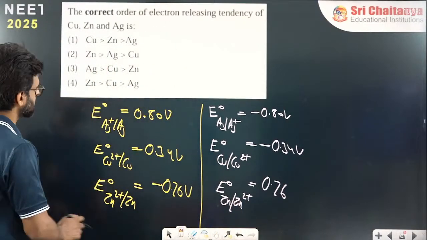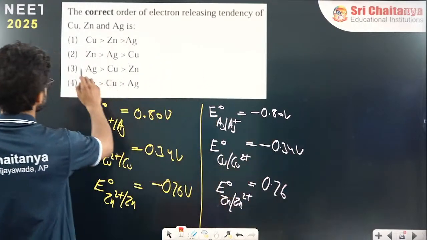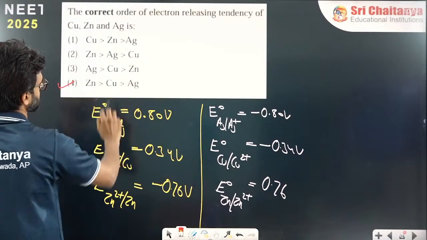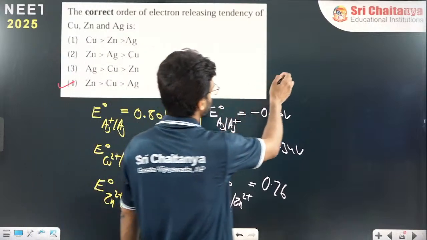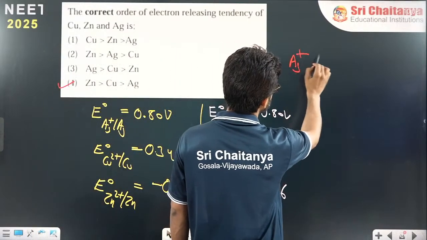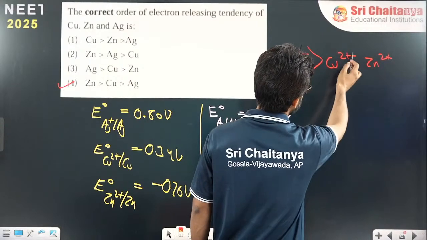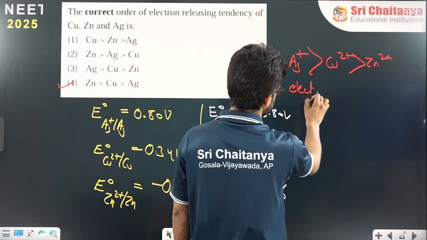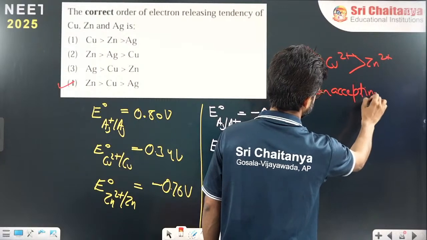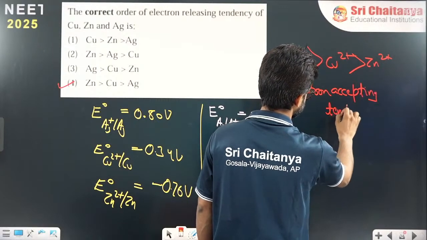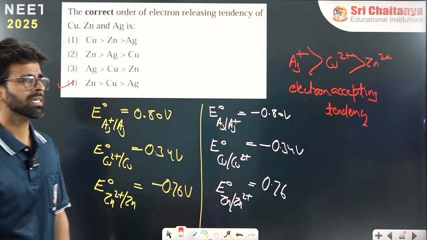So by this order, electron releasing tendency is zinc, then copper, then silver, right? If you ask electron accepting tendency, then I will say Ag plus, copper 2 plus, and zinc 2 plus. Right, it is electron accepting tendency. Clear? Okay, that's it.